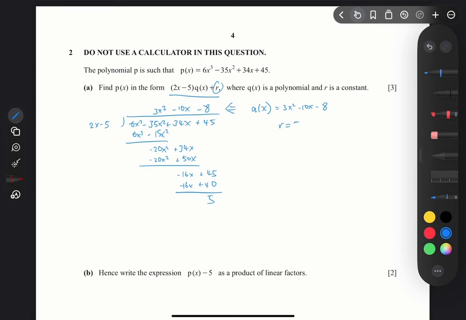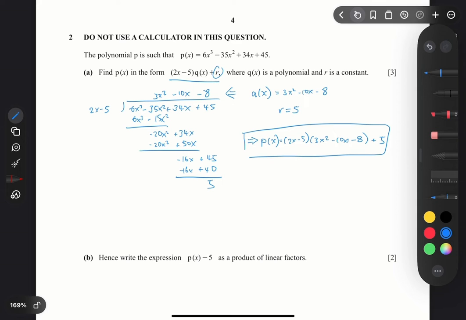And r equals 5. So if you rewrite p(x), so yeah, this is the answer.